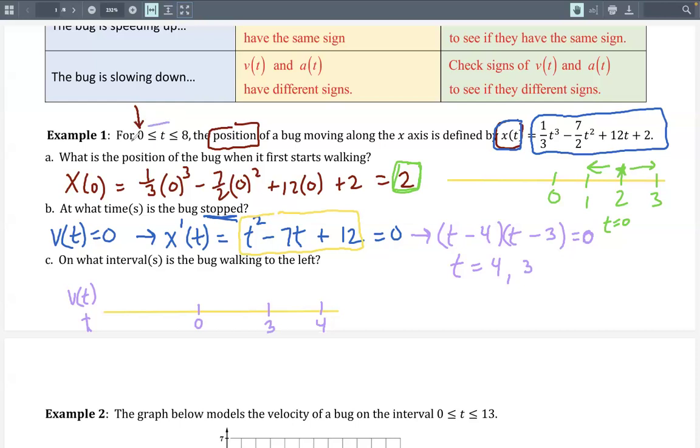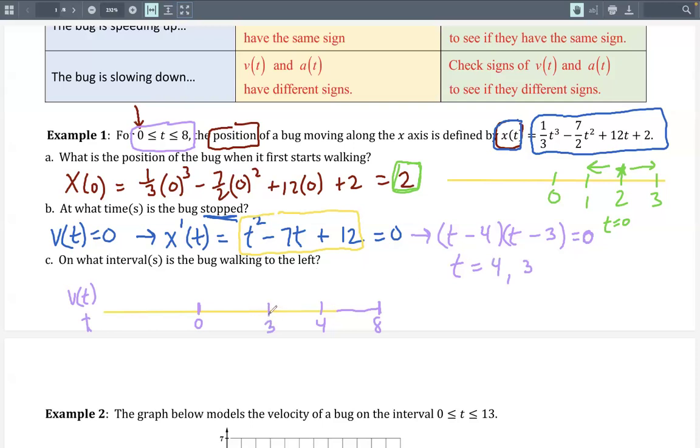It says here our domain is 0 to 8. I already put 0, and then down yonder, I'll put 8. Our domain is from 0 until 8. What did we establish from part B? The bug is stopped, or has 0 velocity, at time 4 and 3.